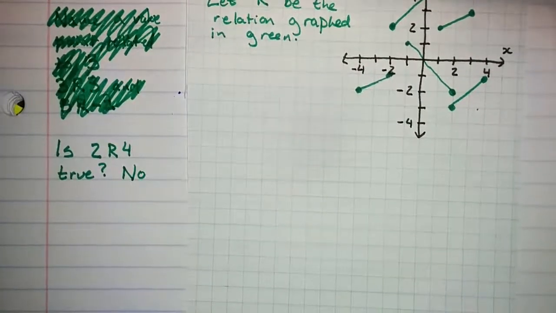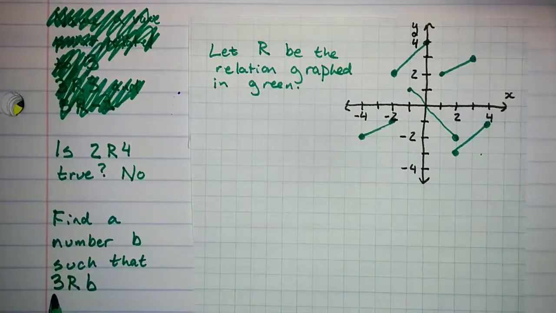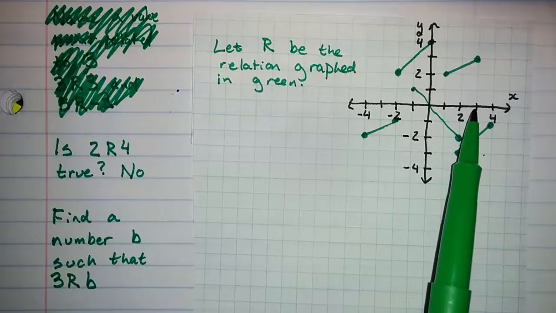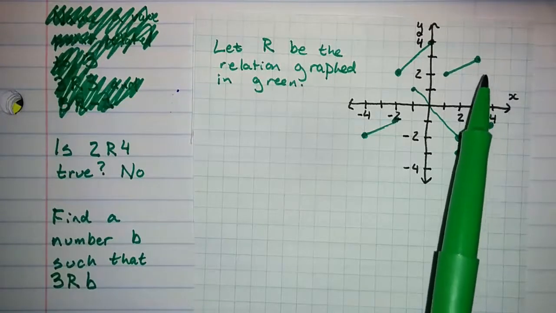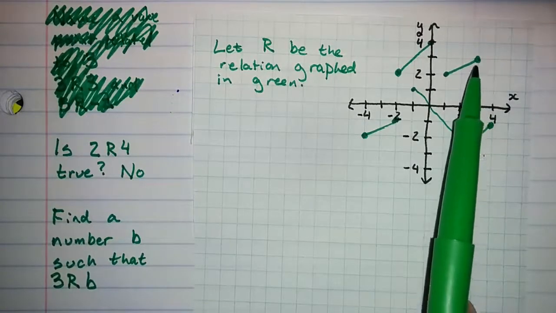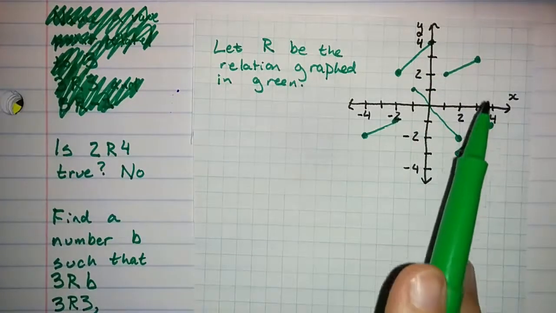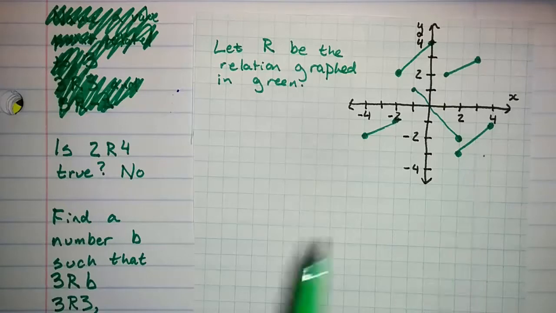If I said, find a number b such that 3 is related to b, you would look at the graph and see, well, here's x is 3. 3 is related to 3, and also 3 is related to -2.